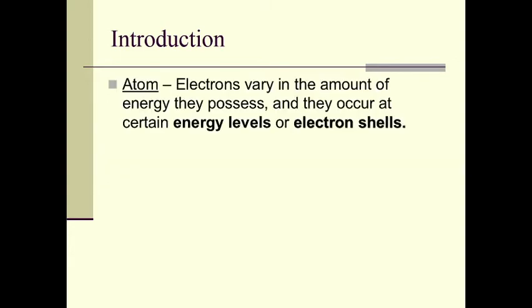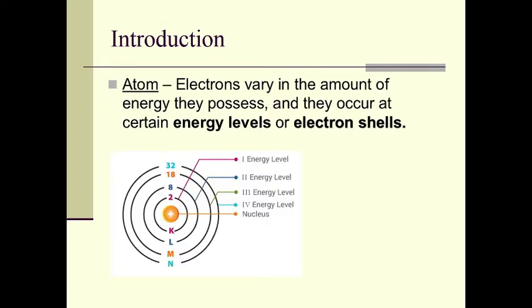These electrons in the atom vary in the amount of energy they possess, and they occur at certain energy levels. That means not all the electrons in an atom appear at the same energy; they take positions in different energy levels, because each energy level can occupy only a certain number of electrons. These energy levels we can call electron shells.